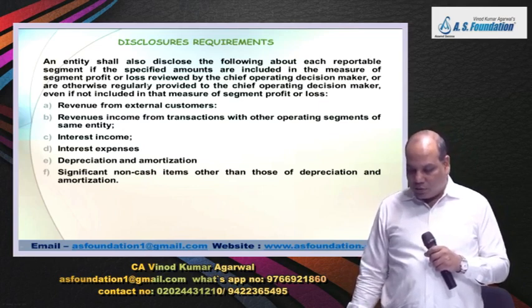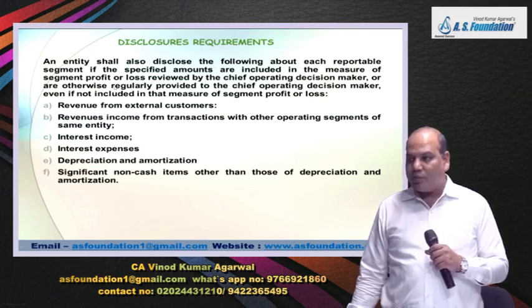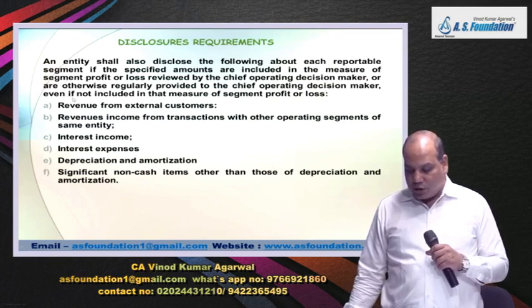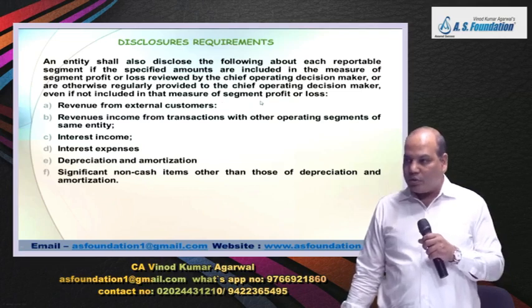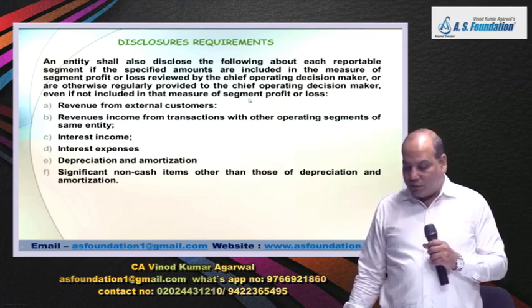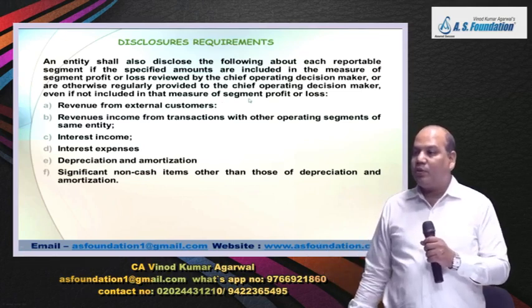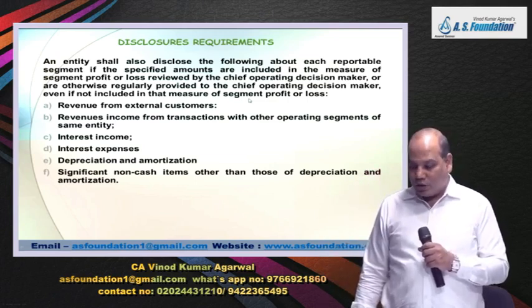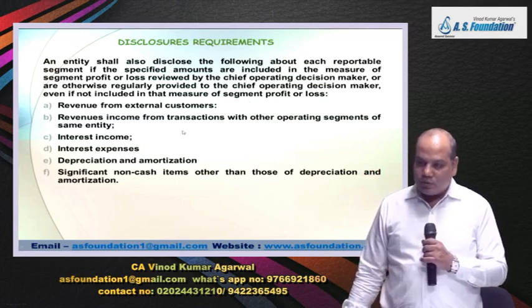An entity shall also disclose the following about each reportable segment, if the specified amounts are included in the measure of segment profit or loss reviewed by the CODM or otherwise regularly provided to the CODM, even if not included in that measure of segment profit or loss. So the following information you have to disclose even if it is not forming part of segment profit or loss, but it is either reviewed by the CODM or regularly provided to the CODM.